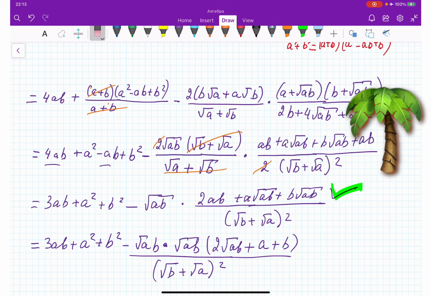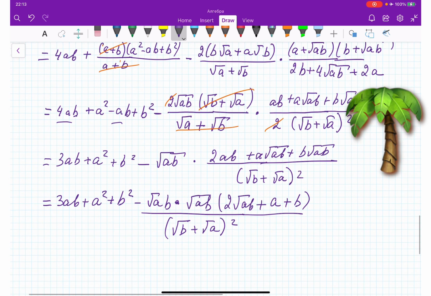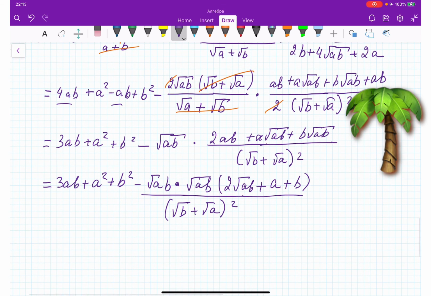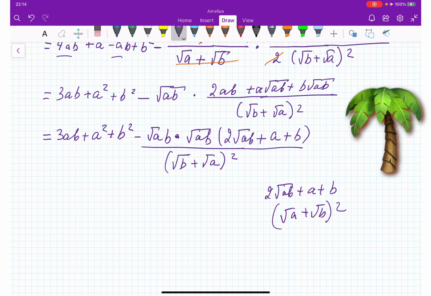Okay. So from here, this 2 square root ab plus a plus b is going to be square root a plus square root b squared. Yes? 2 square root ab plus a plus b, 2 times square root a plus square root b.